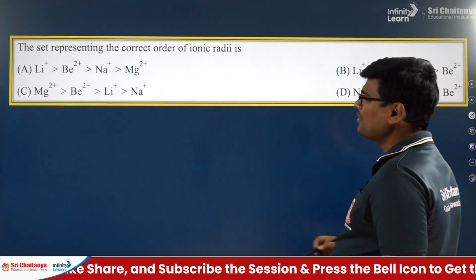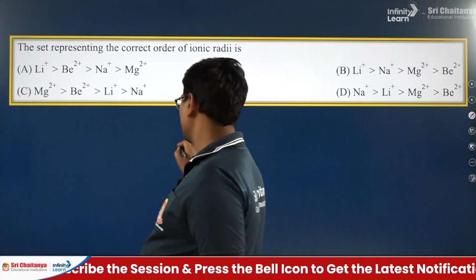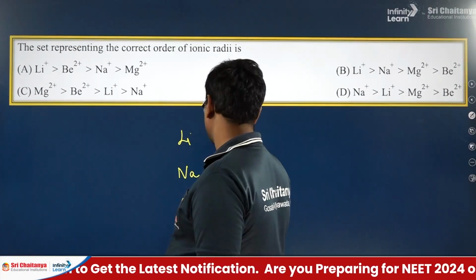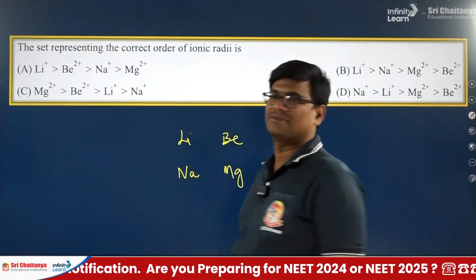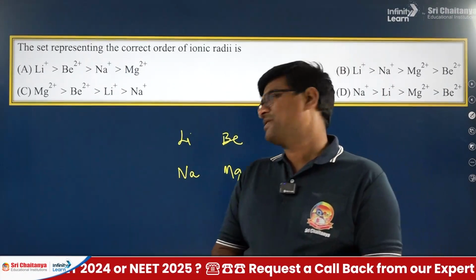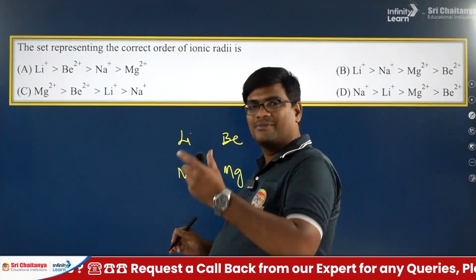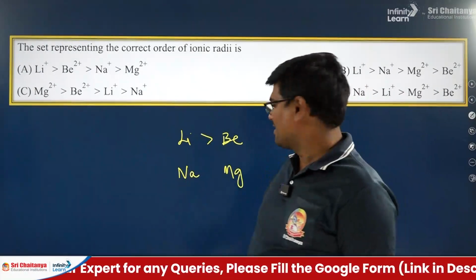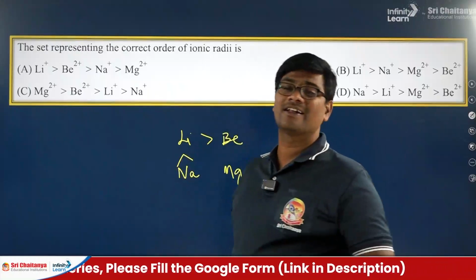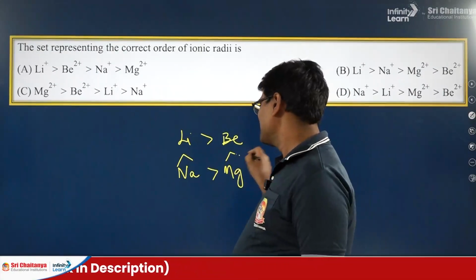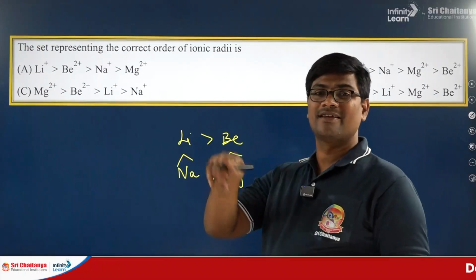There is lithium, sodium, beryllium, and magnesium. If you take these atoms, can you guess which is the biggest? Lithium is bigger than beryllium, and down the group sodium is bigger than lithium, and sodium is also bigger than magnesium. Magnesium is bigger than beryllium.